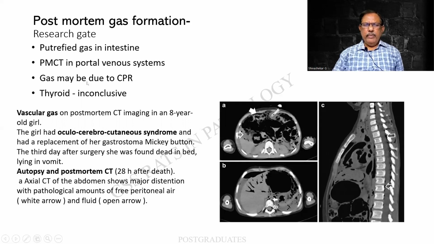So we should be careful. The gas can be because of putrefied gas in the intestine. It can be because of the portovenous system. Sometimes the gas may be formed because of cardiopulmonary resuscitation. And sometimes you find that organs like the thyroid may be inconclusive, so these need not be given much importance.